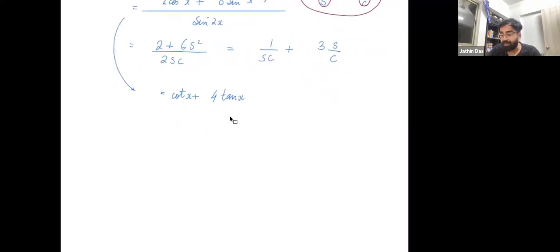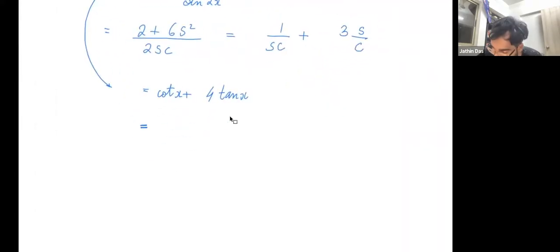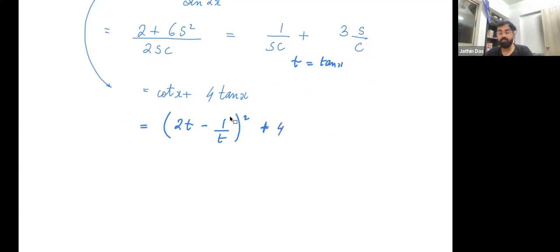Coming back to this, here I'll take t as tan x. So I can write 2t minus 1 by t whole square plus 4. This 1 by t is cot.